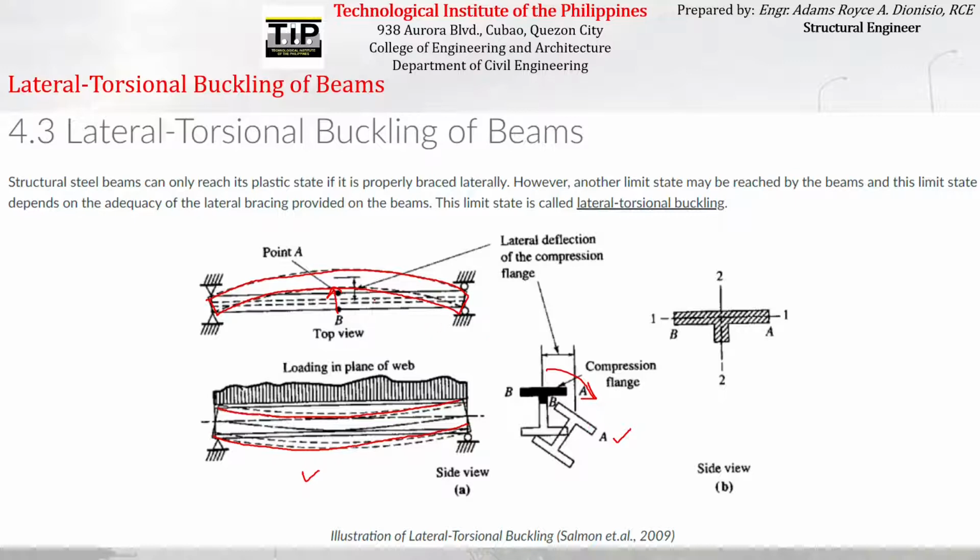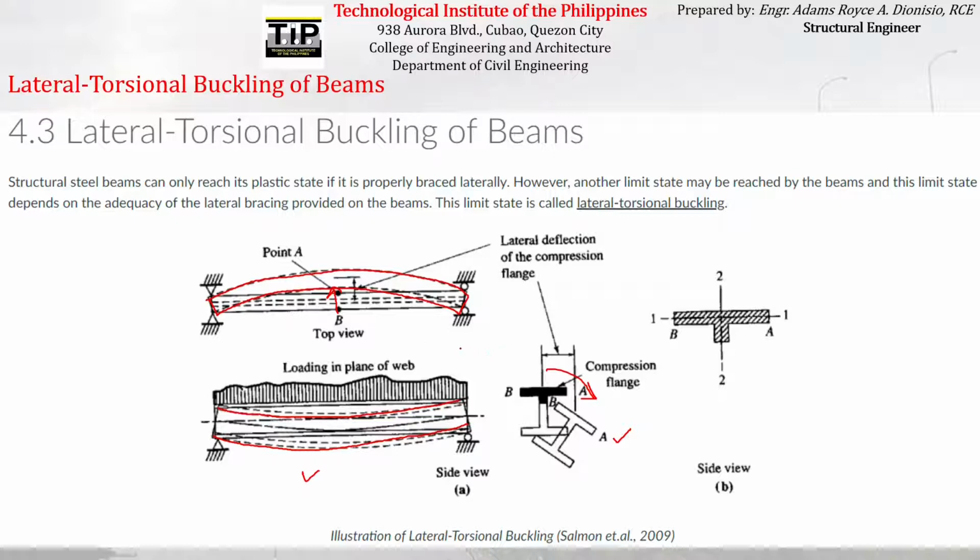Actually, the main reason why the beam deflected laterally is simply because it experienced torsional buckling accompanied by lateral deflection. Usually this is the result if the load is applied at a certain eccentricity with respect to the longitudinal axis of the beam. So this is the scenario that we usually want to avoid. We don't want this scenario to be experienced by our steel beam.